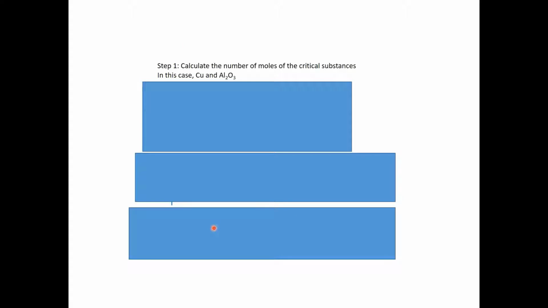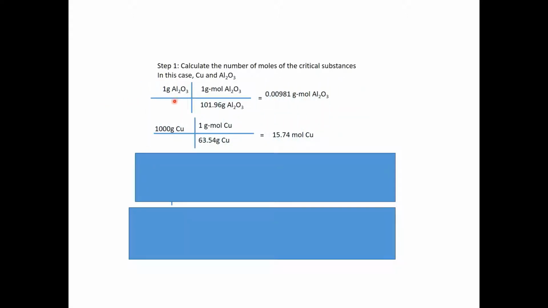So this is a recurring theme. We always calculate the number of moles, and right now we're calculating the number of moles of our critical substances. So in this case, it's copper and alumina. We had some givens in the problem. So we had 1 gram of alumina.